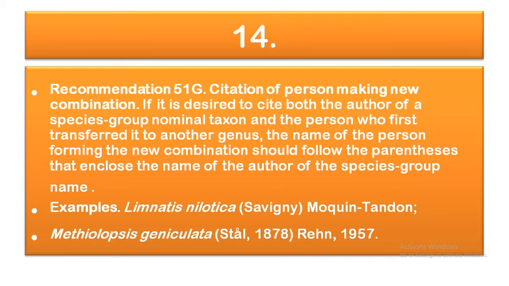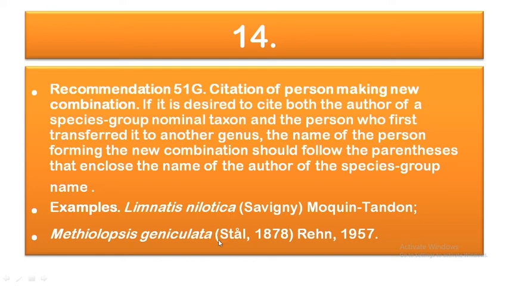Or the next type, you can have the scientific name, your genus and species name, and after that you will have the name of the author in parenthesis along with the year or the date, right? What is this? Meteolopsis geniculata.